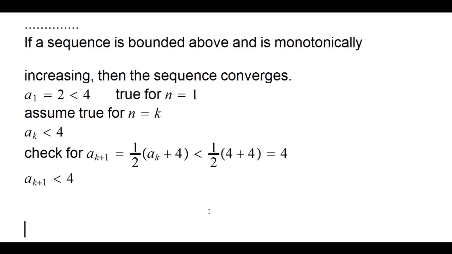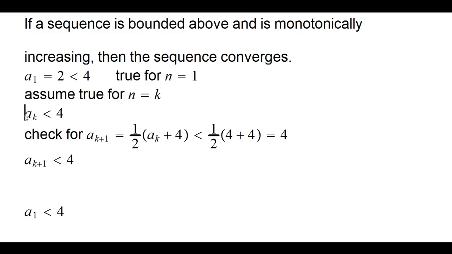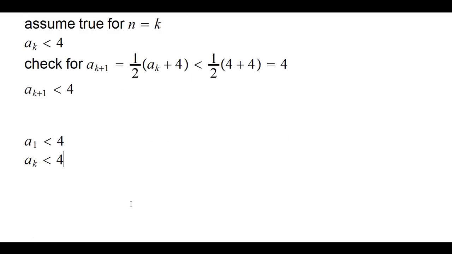Okay, so what happens is this statement: a sub 1 is less than 4, and if I assume that a_k is less than 4, then this statement implies what? It implies that a_(k+1) is also less than 4.